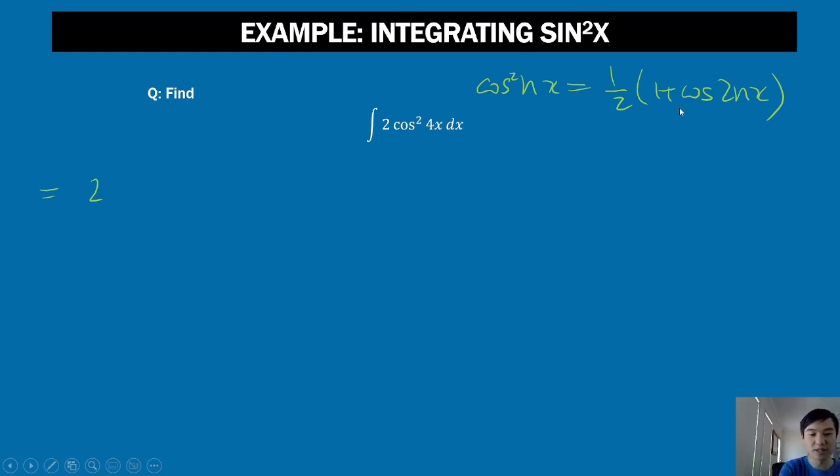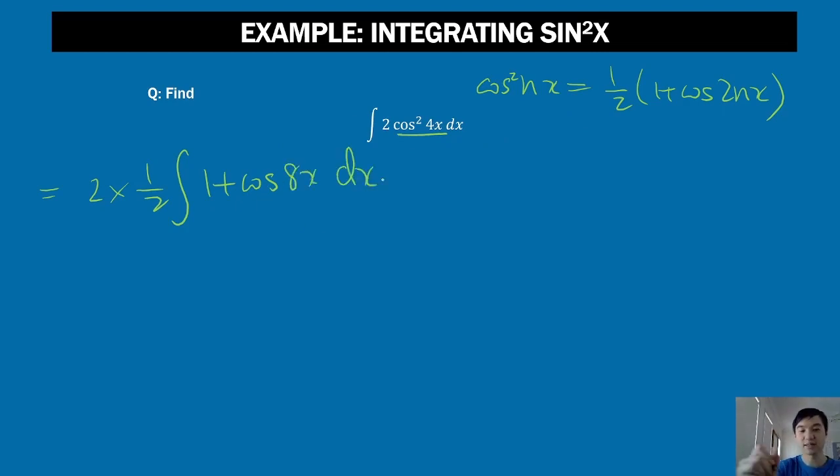So this is going to be 2 times half, and we change the cos squared 4x into half 1 plus cos. And remember, it just has to be double that angle because it came from the double angle formula. So it will be 1 plus cos 8x, with respect to x.